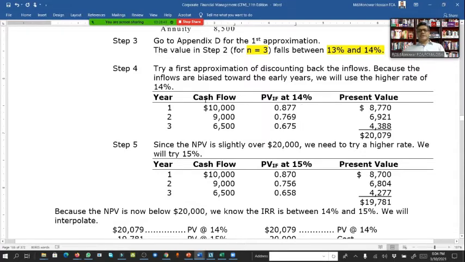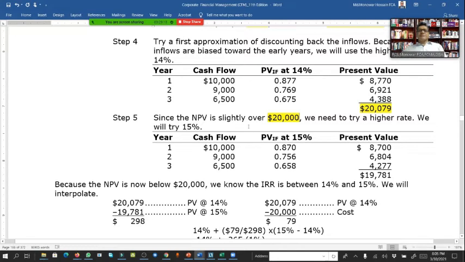The cash flow is 10,000; multiplying by 0.877, we get a present value of 8,770. After calculating the present value for 3 years and adding, the total present value is 20,079. That means here 79 taka is a positive NPV, because our investment is 20,000.